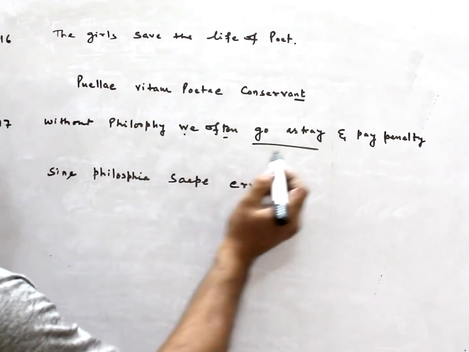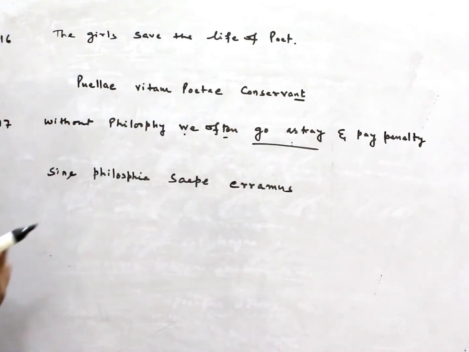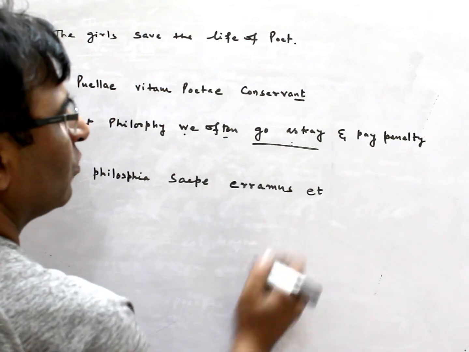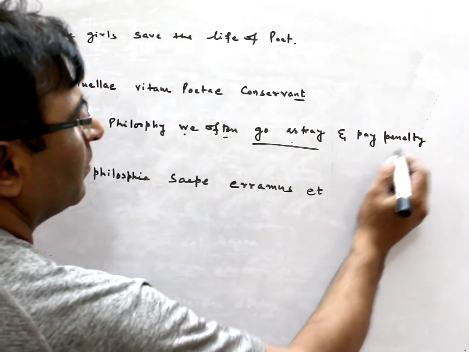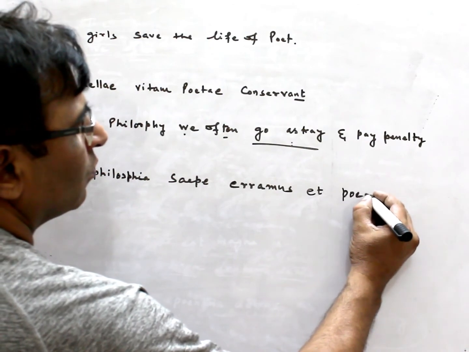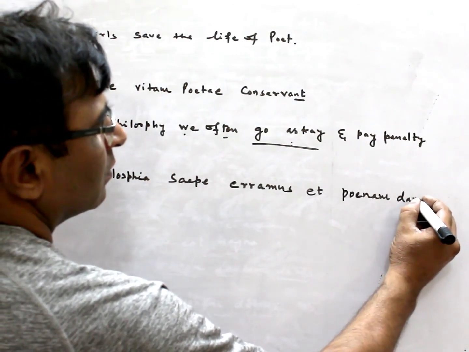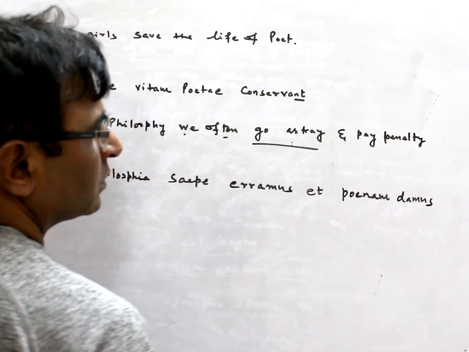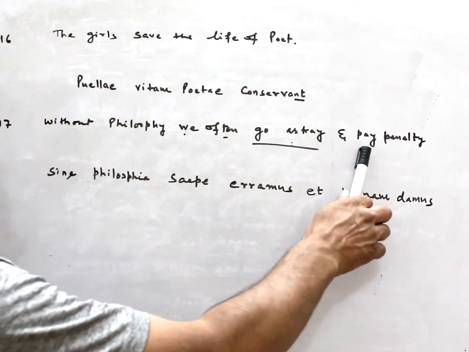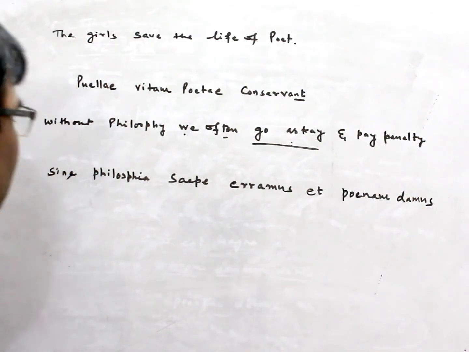So we go astray is erramus. Et for and, the object is penalty. So poenam damus. If it is plural, then it is poenas.